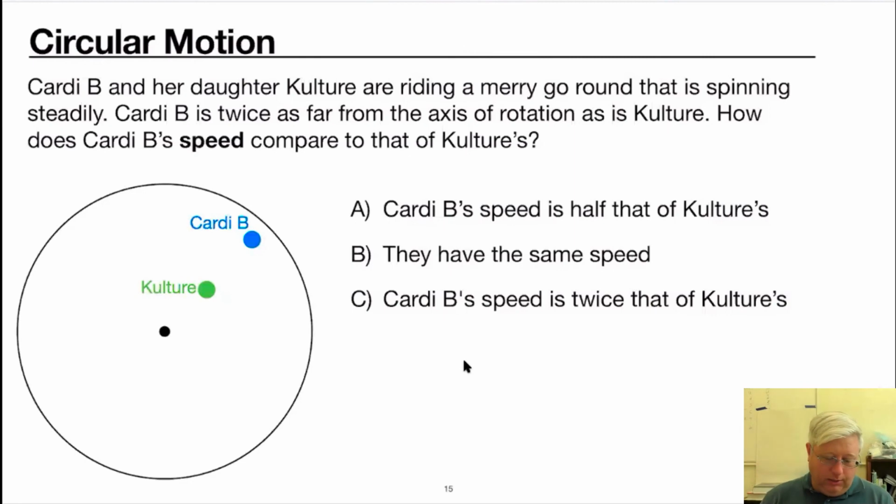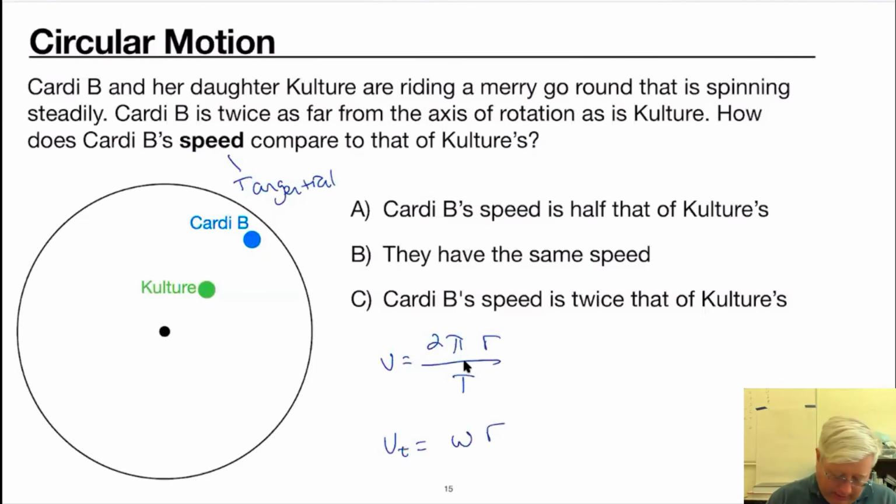So this is essentially telling us tangential speed. We learned that tangential speed was 2 pi radians times the radius over the period, or omega times the radius.